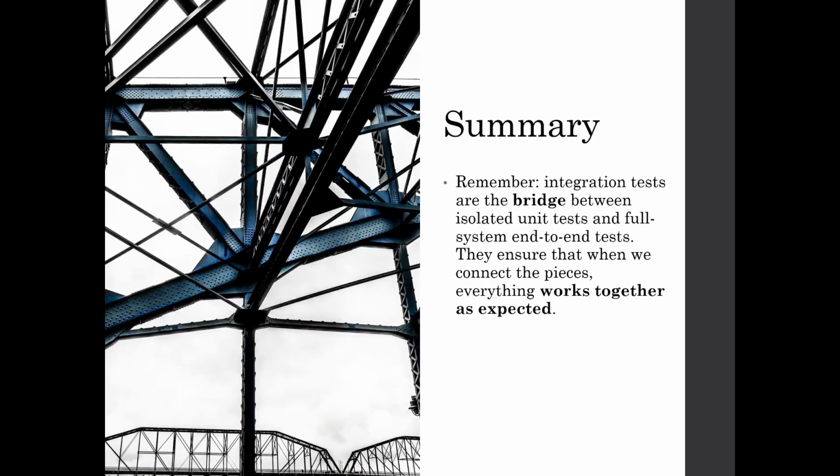So, summary. Integration testing helps us ensure that all parts of the system work together smoothly. They bridge the gap between the small unit tests and big full system tests. And done right, integration tests can reduce bugs, build confidence, and ensure your application behaves as expected when everything connects.